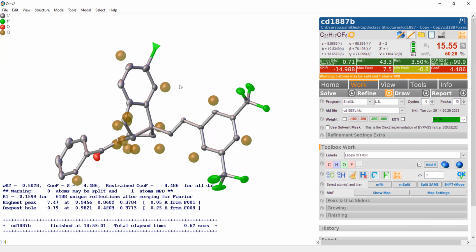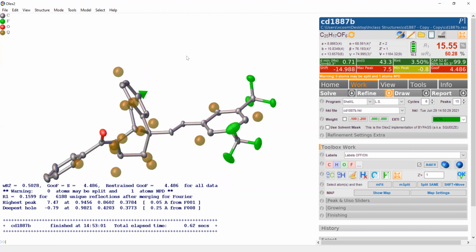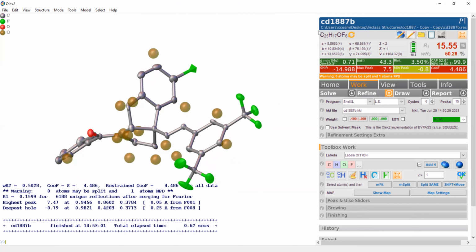So we did the anisotropic refinement, and one thing I should definitely point out immediately is that this fluorine on the benzene ring looks like a pyramid. Whenever you see something like this, it indicates what we call negative thermal parameters, which is a no-no.